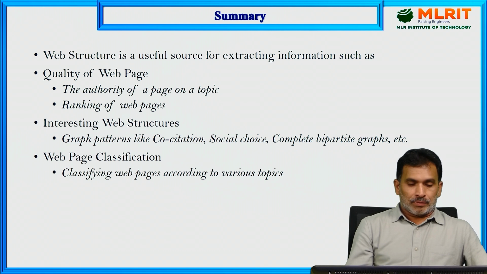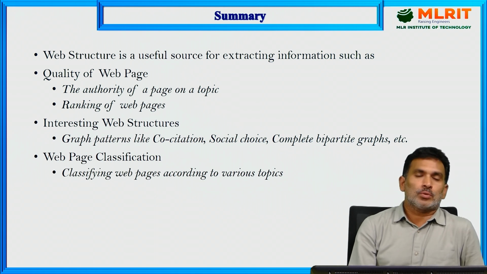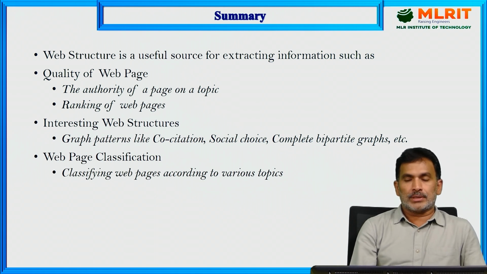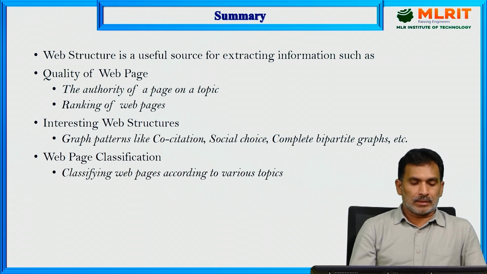Let us quickly summarize what we have discussed about web structure mining. Web structure is a useful source for extracting information such as the quality of a web page, in terms of the authority of a page on a topic, rankings of web pages, and interesting web structures like graph patterns, co-citation, social choice, and complete bipartite graphs.